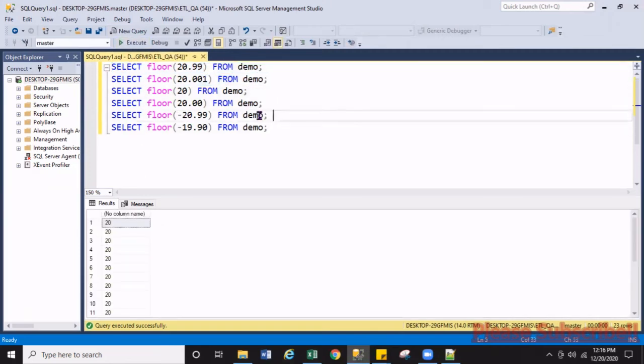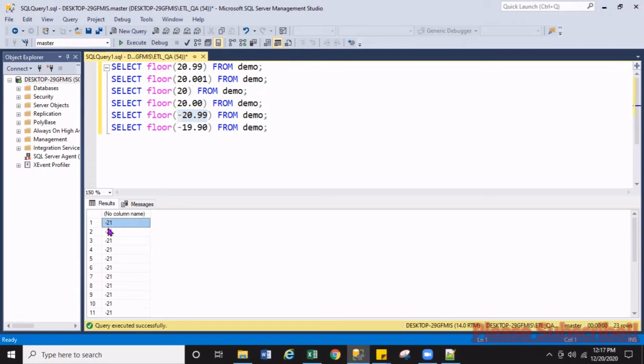Now here, minus 20.99. If you run this one, it becomes minus 21. Why? Because minus 21 is less than minus 20.99. For example, you are paying someone 20.99 or you are paying 21, which is less?